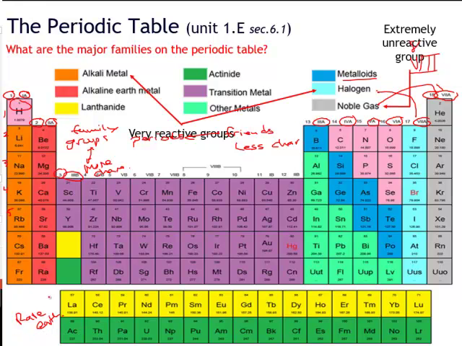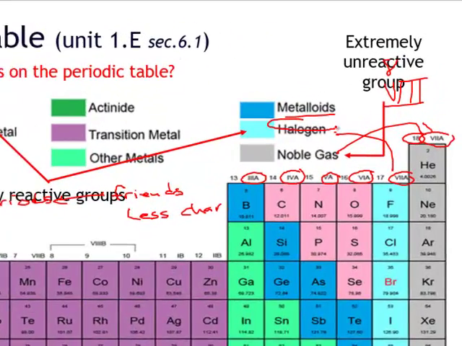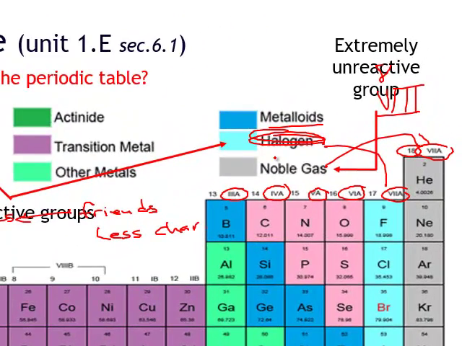Important to note as well is that there are two groups of elements, two families, that are extremely reactive: the alkali metals and the halogens. And there's a group of elements that are extremely unreactive, that do not bond or hook up with any other elements, and these are the noble gases.